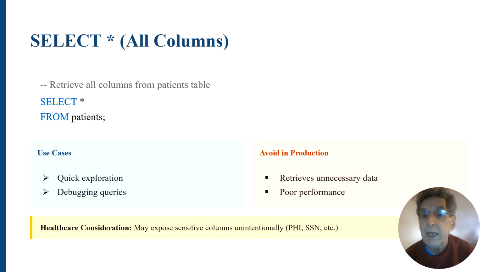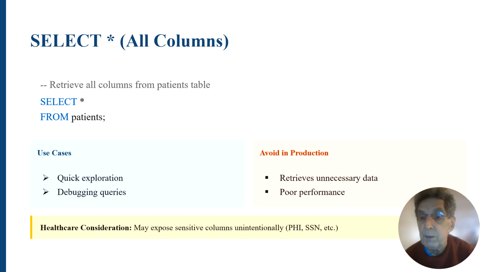Second, maintainability. When someone reads your query, select star doesn't tell them very much about what data you're actually processing. Listing specific columns makes your intentions much clearer. Third, and this is especially important in healthcare, select star might expose sensitive columns you didn't intend to retrieve.